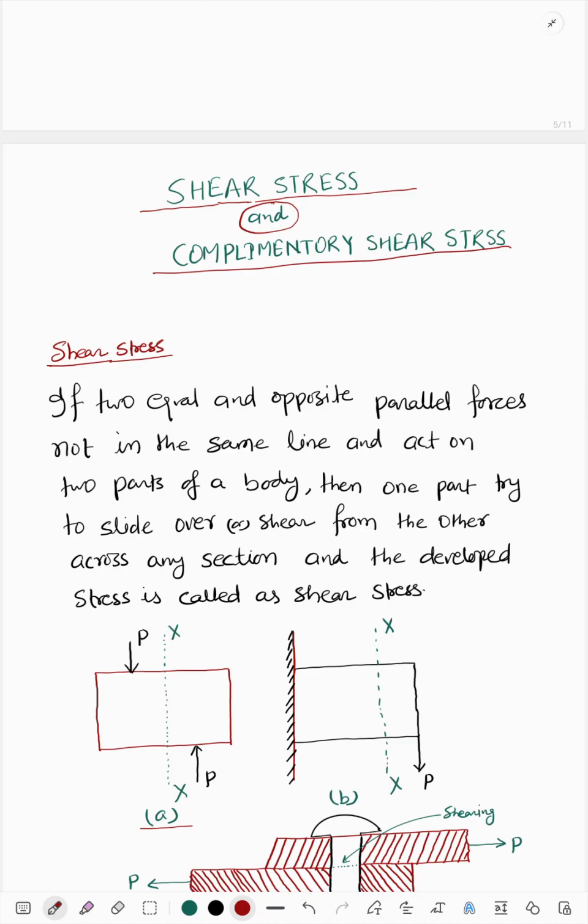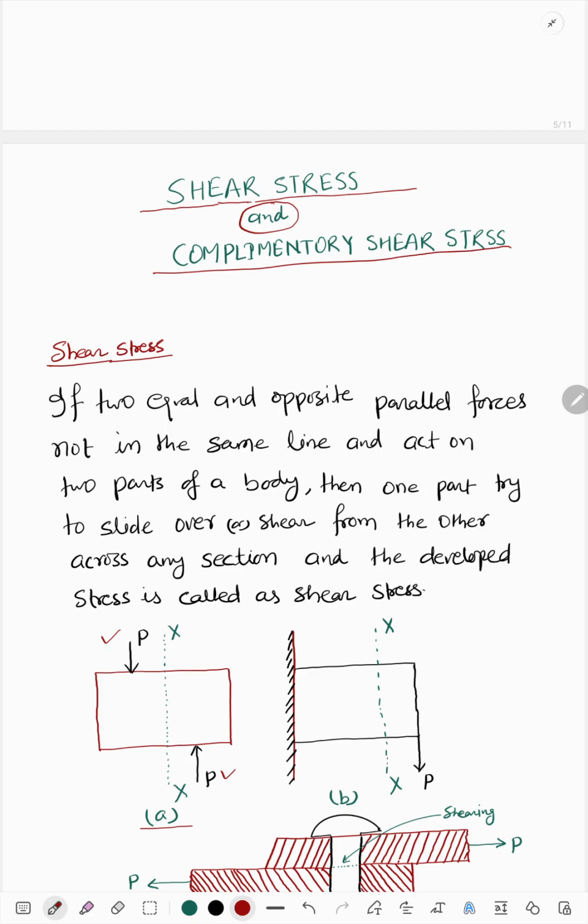So if the two equal and opposite parallel forces, not in the same line, act on two parts of the body, then one part will try to slide and shear up from the other across any section.